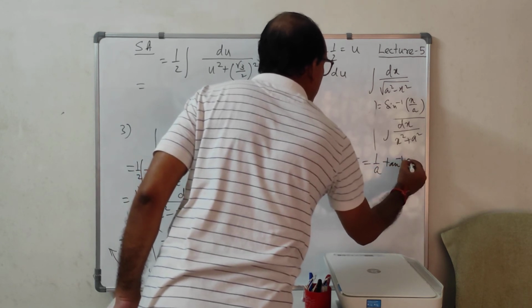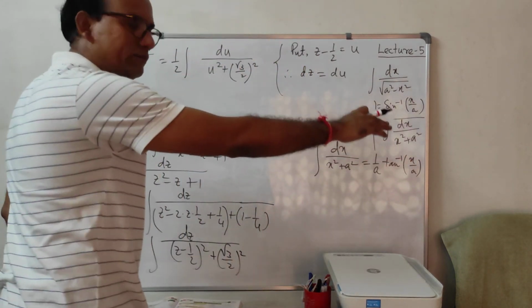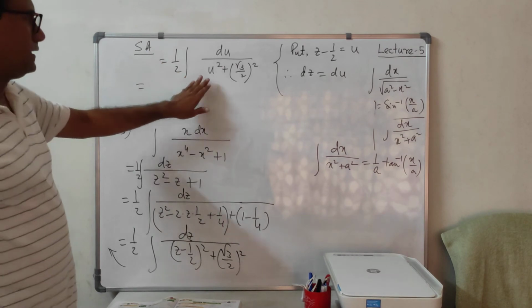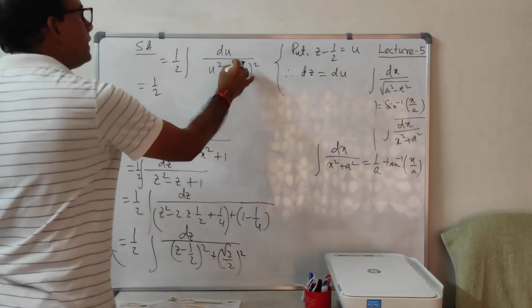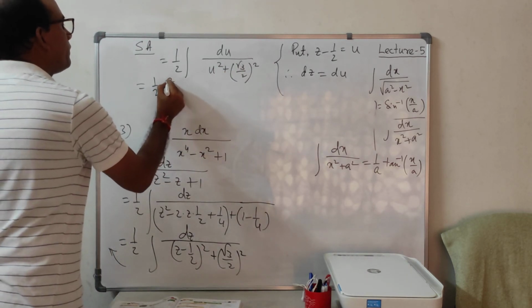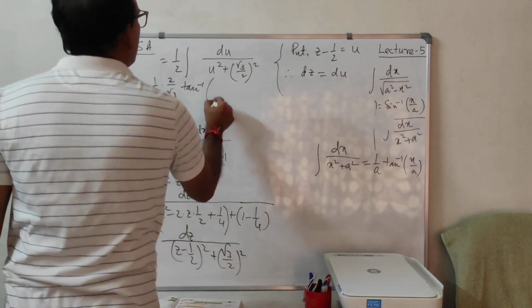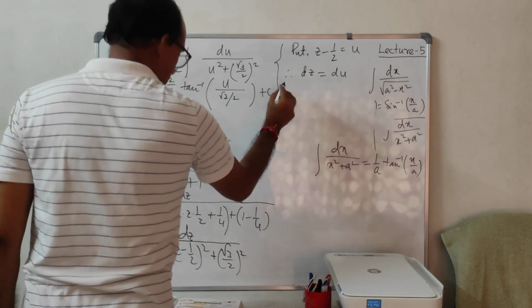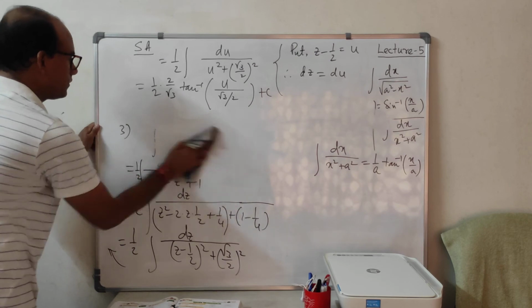The result was 1 upon a tan inverse x upon a. I am not writing constant part c. So this is exactly in this form. Okay. So what is a here? Root 3 by 2. 1 upon a means 2 by root 3. 2 by root 3 tan inverse of u upon root 3 by 2.